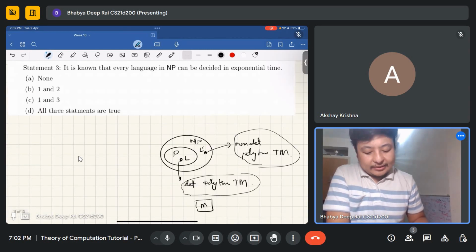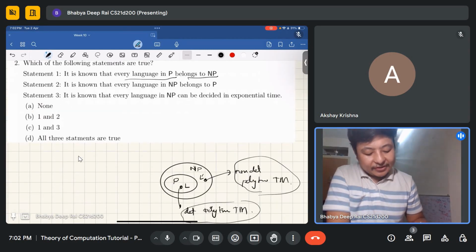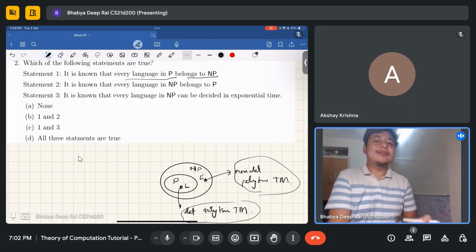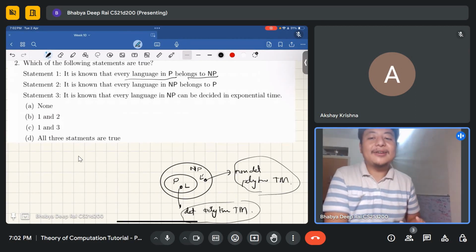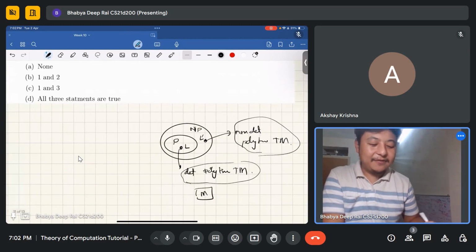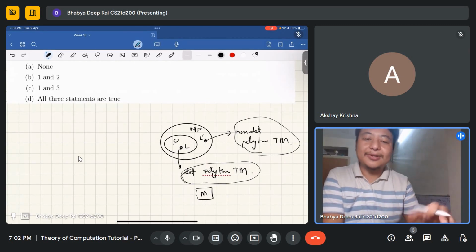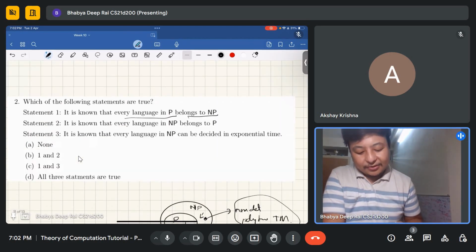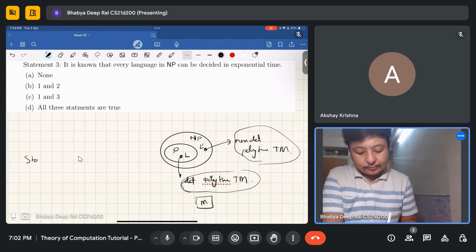Any P language can be verified in polynomial time because you can give the input itself as a certificate. But I won't go very deep into it. Just remember this much: by this trivial logic, any deterministic Turing machine is actually a non-deterministic Turing machine also, but slightly weaker. So statement 1 is true.